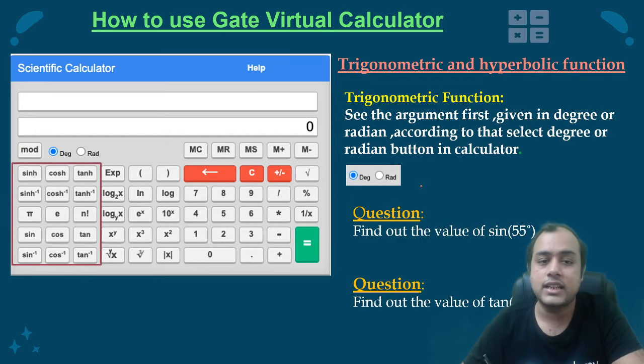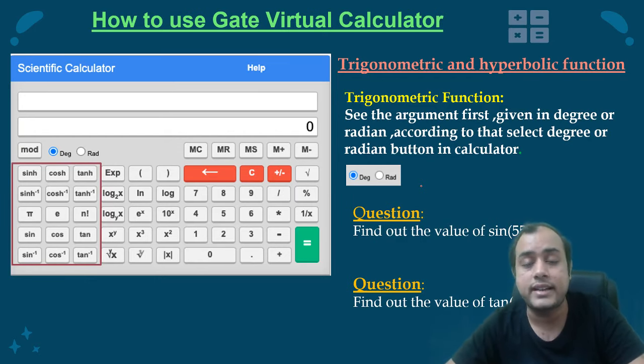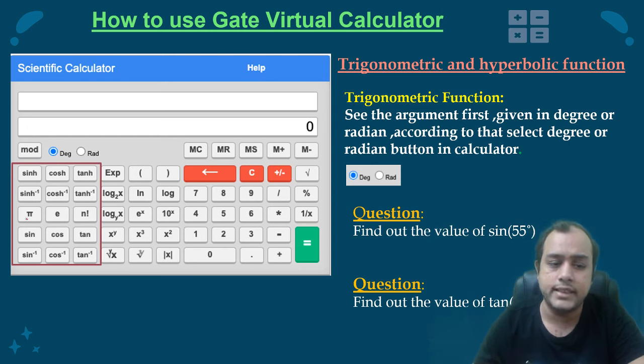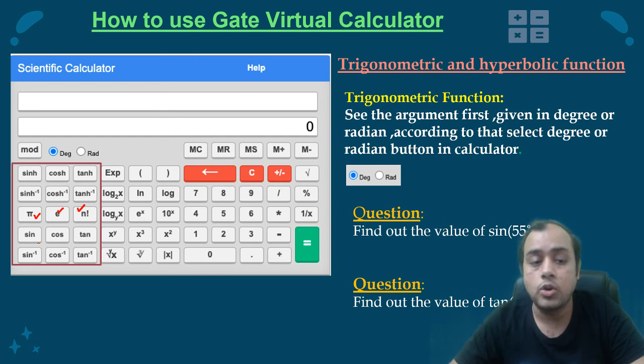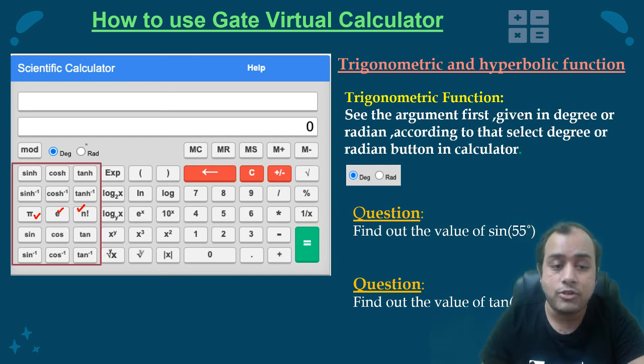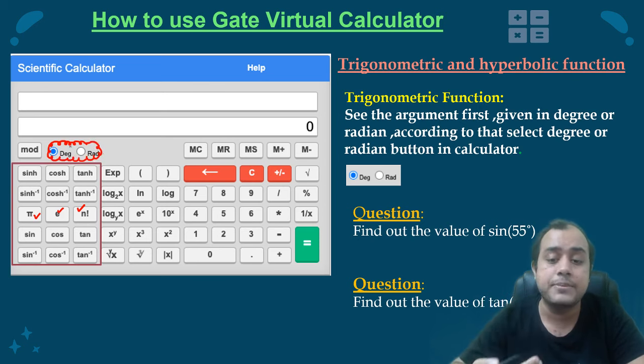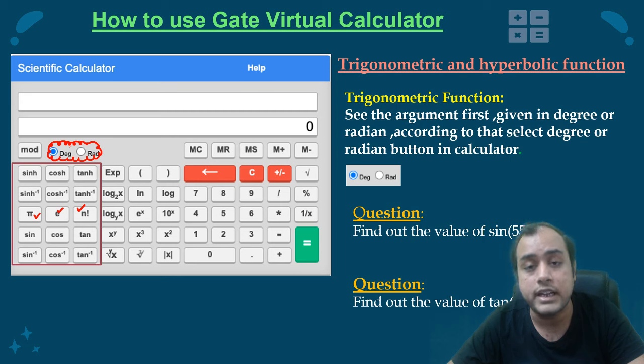Now, let's start. Today we will be discussing the trigonometric and the hyperbolic functions. Along with that, I'll also be dealing with the pi, e and factorial functions. In the trigonometric functions, you have to take care about degree or radian, because sometimes we might commit an error and substitute the argument in a different unit.